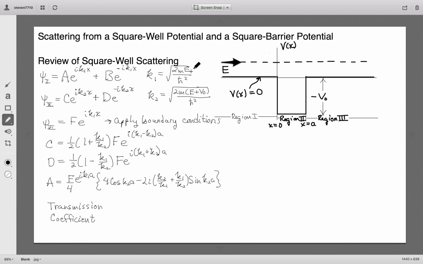A is how much is coming in, F is how much eventually goes out, leaving the potential well.